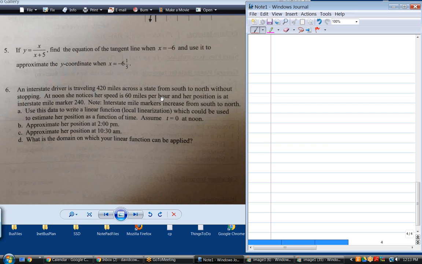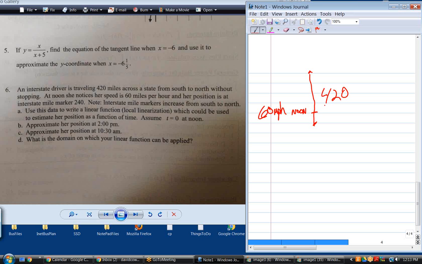Let me think. I'm not sure I can figure it out. Right off the get-go, let's see. If we write, we're going south to north. That's 420 miles. Without stopping. At noon, she notices her speed is 60 miles per hour at noon.